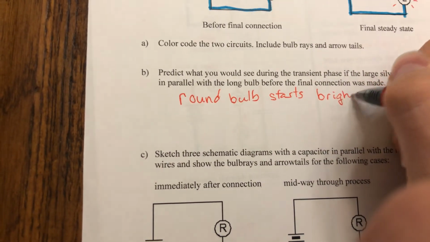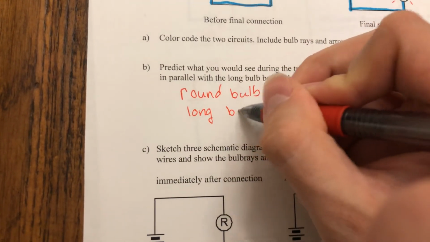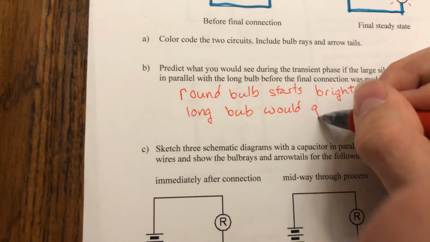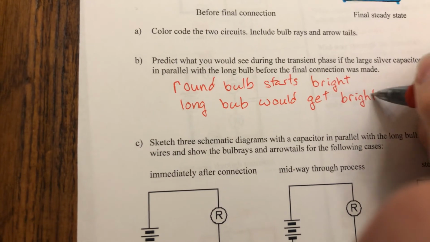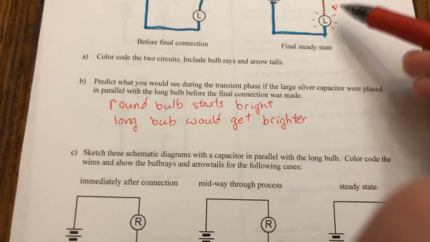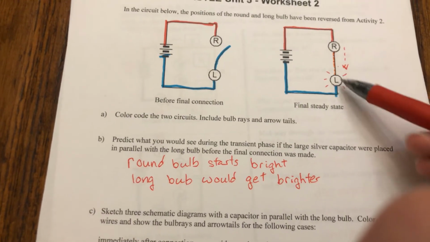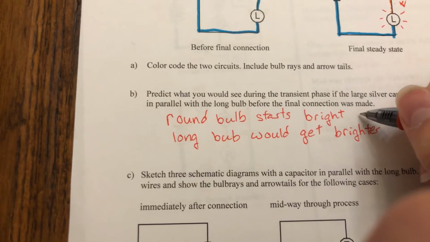The round bulb would start out bright, and the long bulb would get brighter, and it's going to keep getting brighter until this final pressure difference is reached, at which point the round bulb would go out.